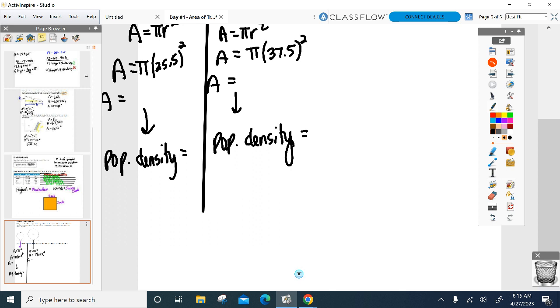So do your 40,000 over the area that's not rounded, 72,000 over your area that's not rounded, compare the two, and we'll see which one has the greater one. Greater just doesn't always equal bigger in population density, all right?